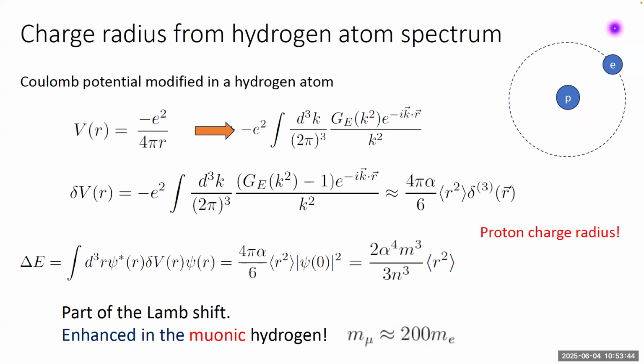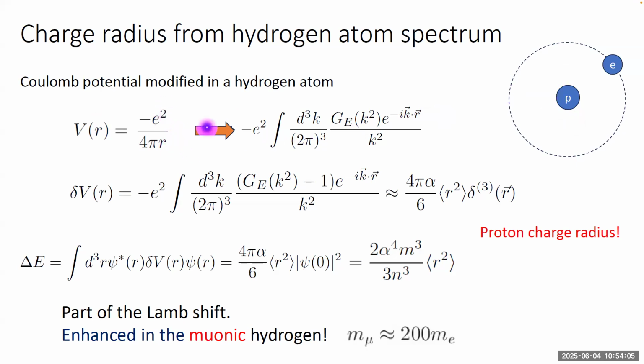The Coulomb potential goes like e squared over 4 pi r. However, this formula assumes that the proton is a point-like object, which is not true, because the proton has some spatial distribution of electric charge. So you have to correct this formula.